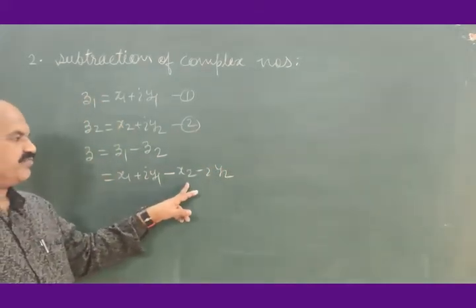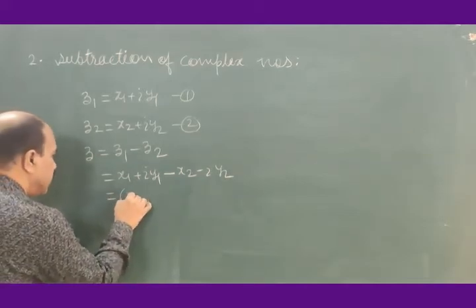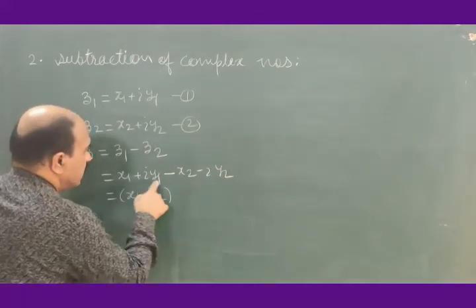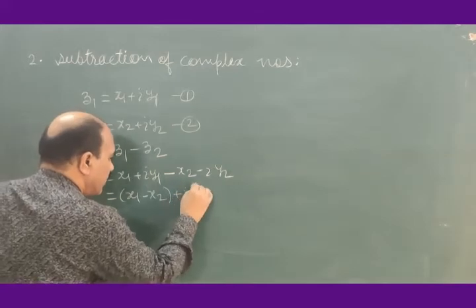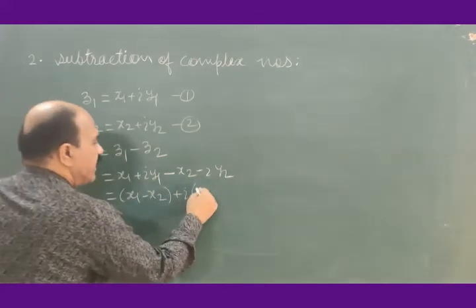This is the real term, this is the real term, bring them together in one bracket, x1 minus x2. I is here, take plus i common. What is left here? Plus y1. What is left here? Minus y2.